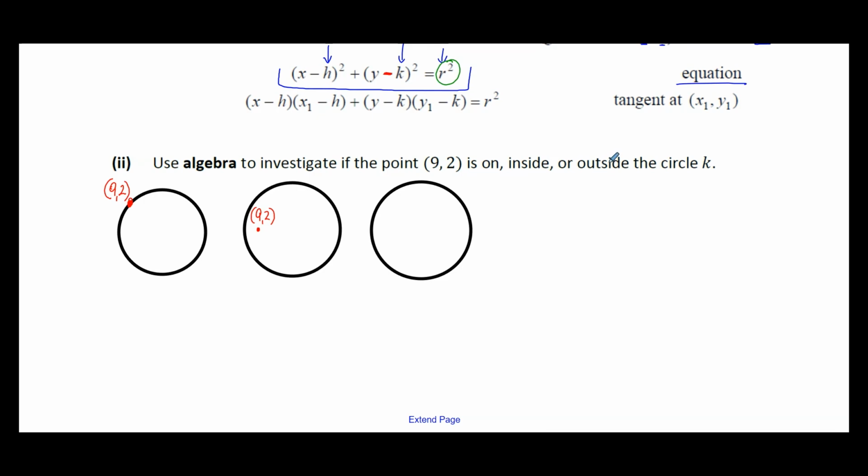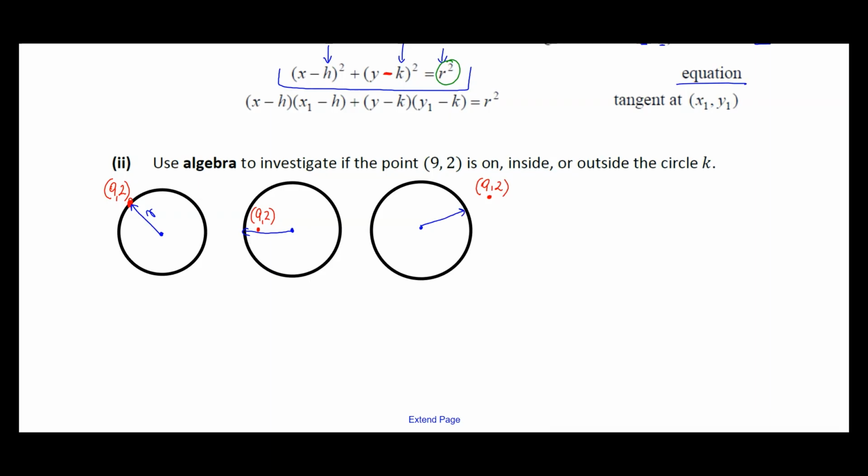And then another situation is that the point could be outside of the circle. So I need to investigate where it is. What tools do I have? In this particular case, we do have the center and the radius. We use the idea of the radius to find out about that point, because from the center of the circle to the edge, we have the radius. The same idea will be here, and the same idea will be here.